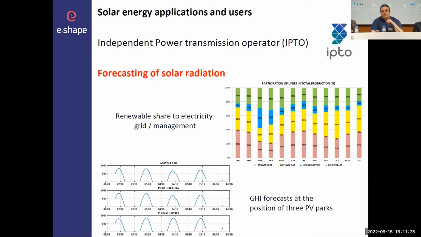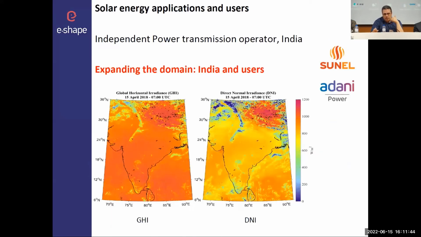The independent power transmission operator of Greece also uses long-term forecasts of solar radiation for 3 particular positions where large PV parks are now placed.